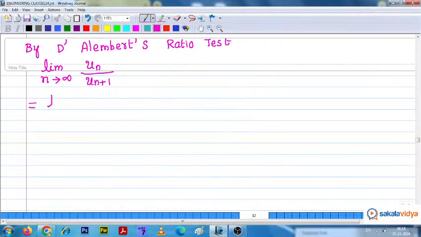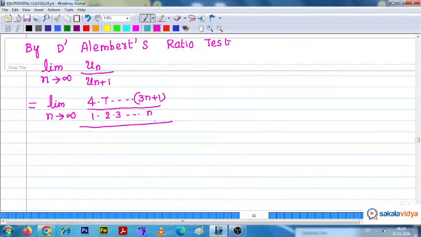So this equals limit n tends to infinity un. So un is nothing but 4 into 7 into and so on 3n plus 1, divided by 1 into 2 into 3 into and so on up to n, divided by un plus 1. Un plus 1 means 4 into 7 into and so on 3n plus 1 into the next term.